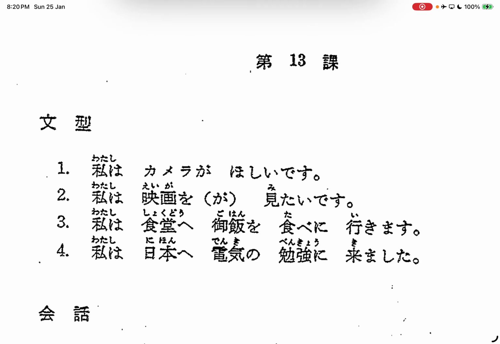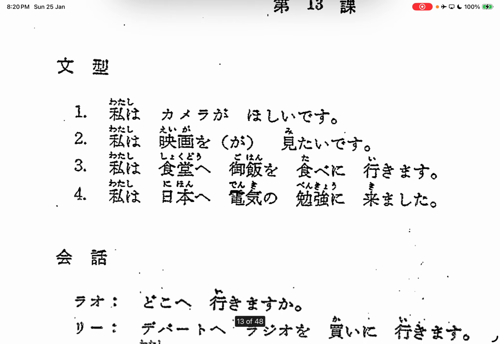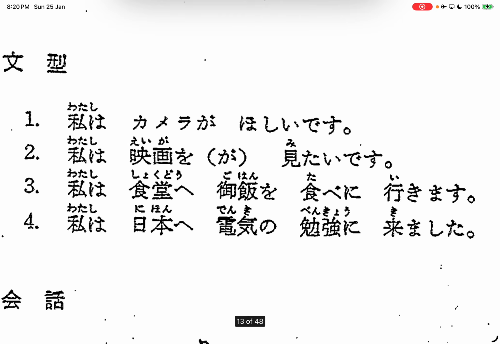So in this case, we need to change the verb into a want. So this is what we call the tai form. The tai form simply means you want to do this verb. Right? You want to do this action. So mimasu, mitai desu. Right? To watch becomes want to watch. Okay, so eiga o mitai desu. Okay, can understand the explanation?